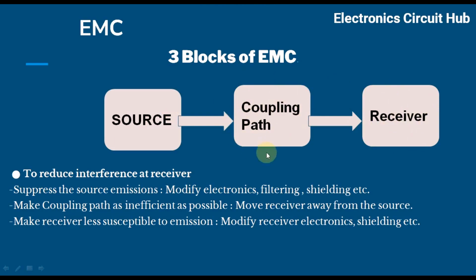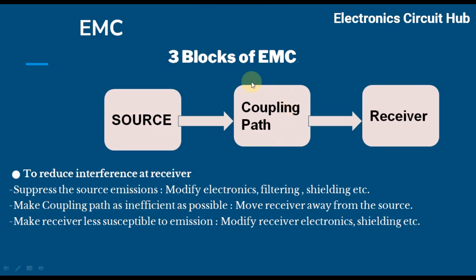So to reduce the interference at the receiver, you need to suppress the source emission. To suppress the source emission, you might need to modify your electronics, add a filtering circuit, or add shielding in your product, right?